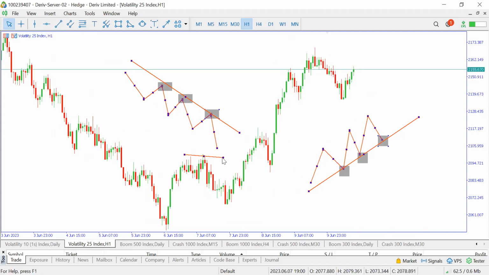This is a higher high, higher high, higher high, higher high. And of course, we have what? Higher low, higher low, higher low. And the market has just taken out the most recent higher low.